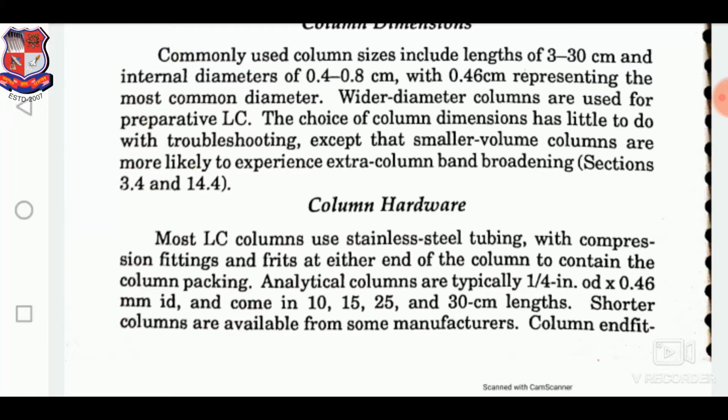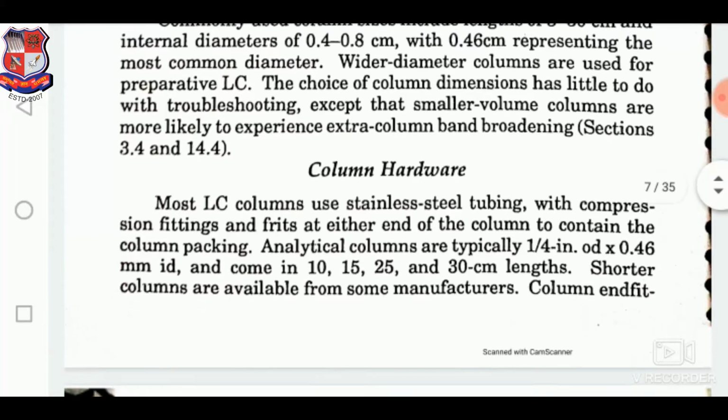The choice of the column dimensions has little to do with troubleshooting, except that smaller volume columns are most likely to experience extra column band broadening effects. That we already saw in the troubleshooting part on separation problems.